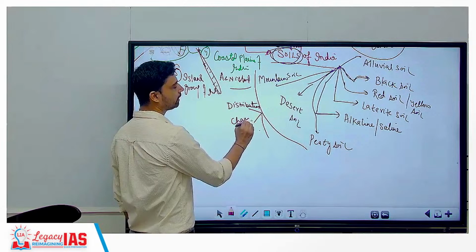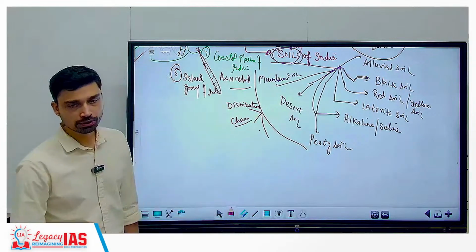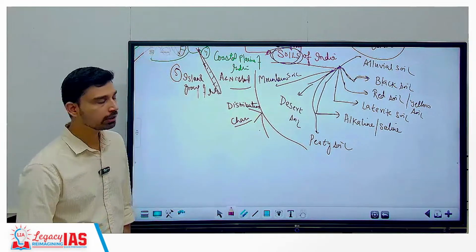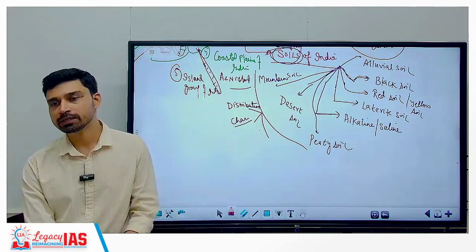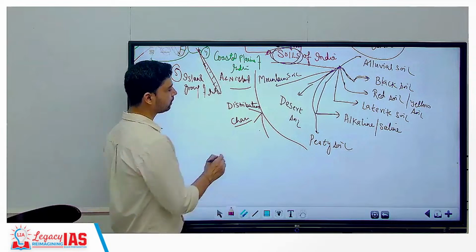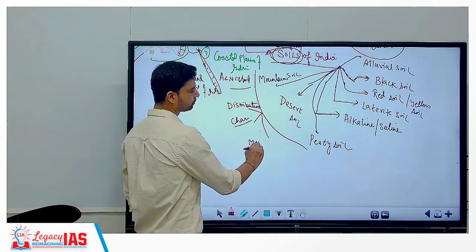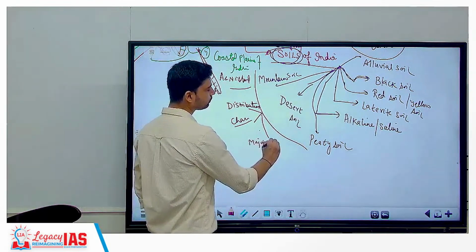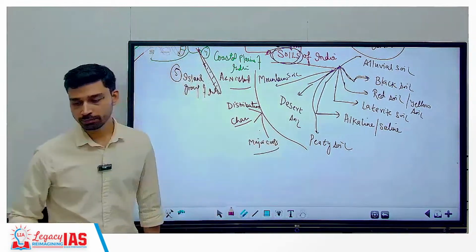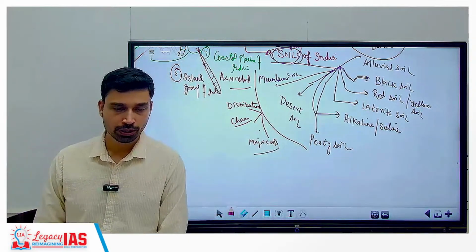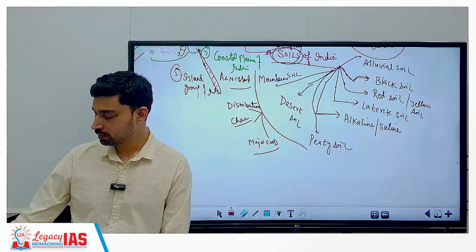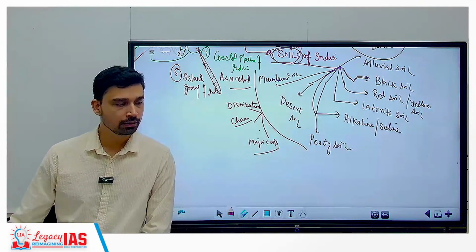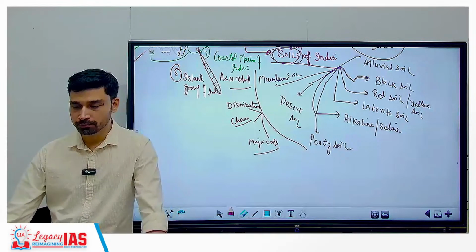What are the important characteristics, whether physical or chemical? What are the nutrients that you will find in the soil? What is the color of the soil, right? What is the sediment size of the soils and all? And third is the major crops. What are the major crops which can be cultivated in the soil?